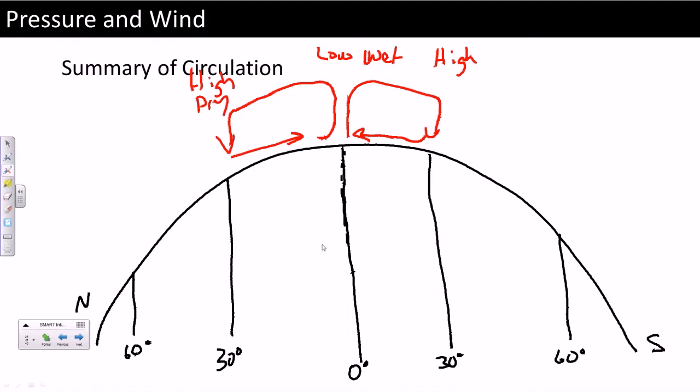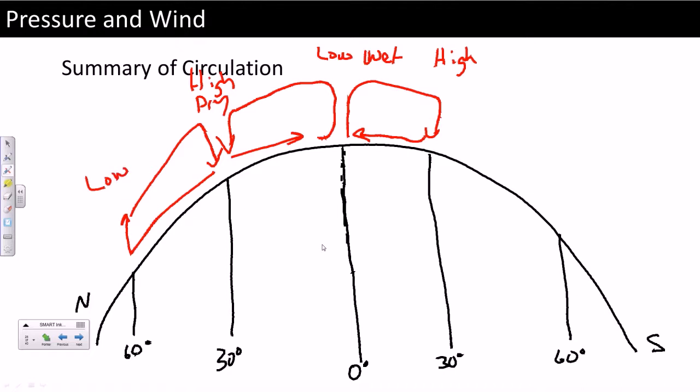Okay, so that's our Hadley cell, and then we have another circulatory cell to the north and south, looking something like this, circulating down. So again, part of the high pressure system, moving across the Earth's surface, and then up like this, and creating a low pressure zone here, 60 degrees north.